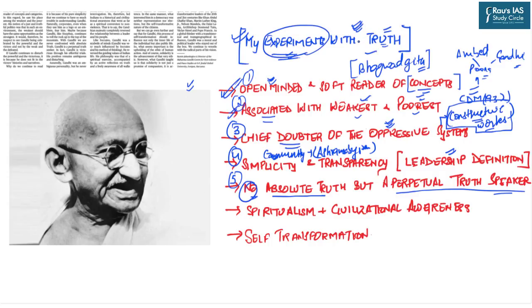Because all his life he experimented with truth and sought the real meaning of truth. That is why he believed that there is no absolute truth. And this viewpoint is very relevant in our modern times. Next thing was that he took various steps to promote this civilizational awareness among Indian masses.